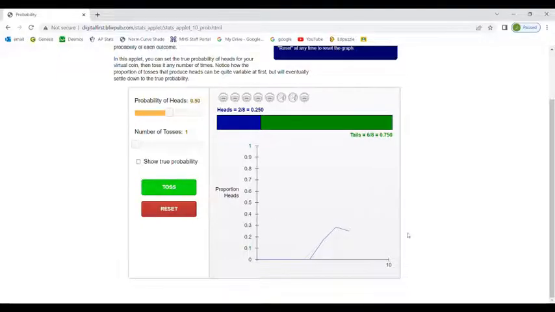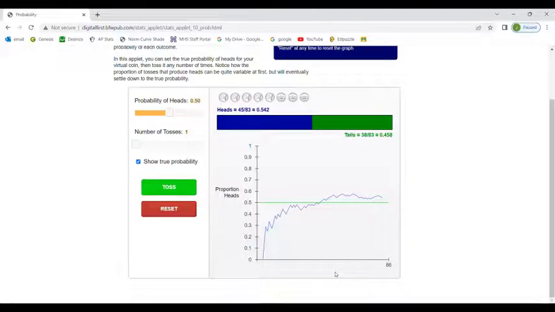In the short term, for example, we had the first 6 tosses with nothing but tails. So if we keep tossing, you can see I'm going to keep clicking the toss button, and in the long run, the proportion of heads is going to get closer and closer to the actual true probability of 50%, even though it's gone over a little bit.